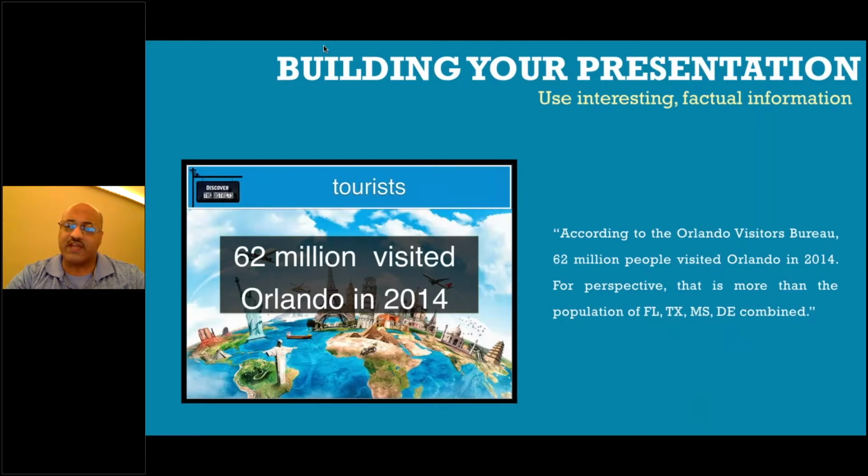Don't forget to use interesting and factual information. As you see here, the quote is, according to the Orlando Visitors Bureau, 62 million people visited Orlando in 2014. For perspective, that is more than the population of Florida, Texas, Mississippi, and Delaware combined.